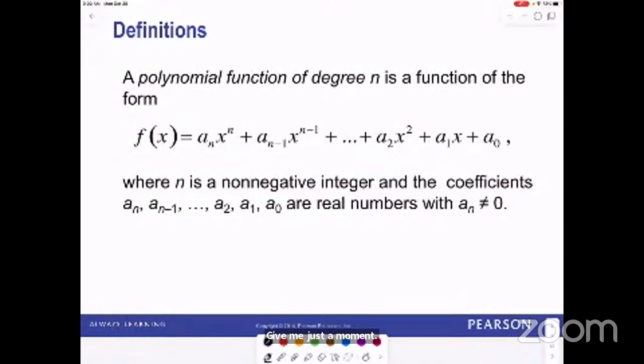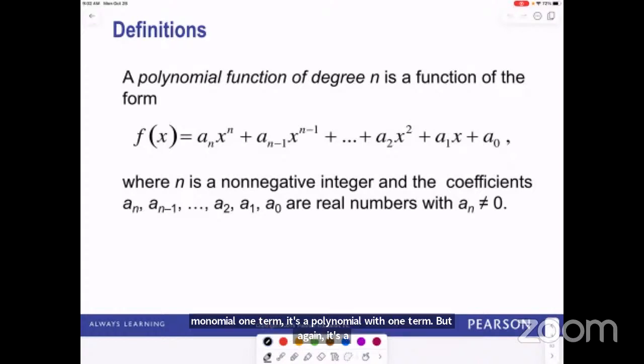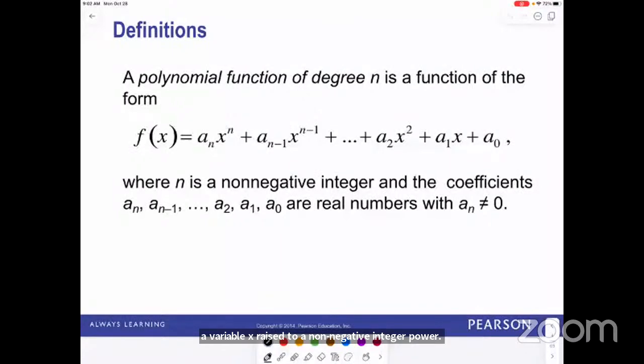So a monomial is a polynomial with one term, an expression that takes on the form of some real coefficient times a variable x raised to a non-negative integer power. All right, so then a polynomial is a finite sum of monomials, right?